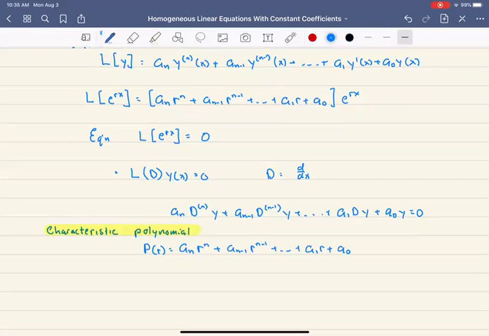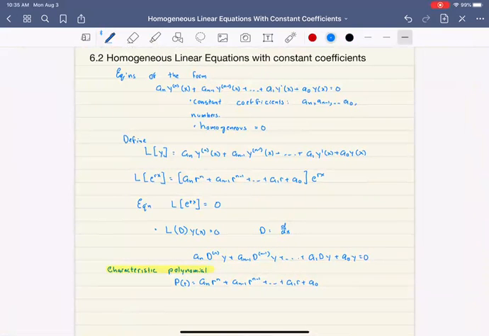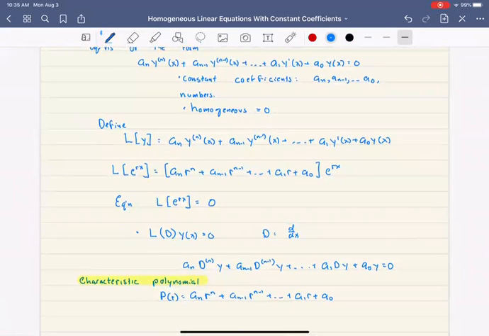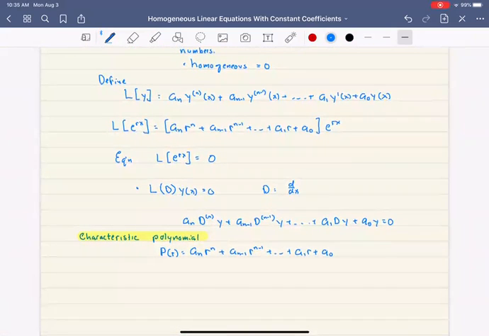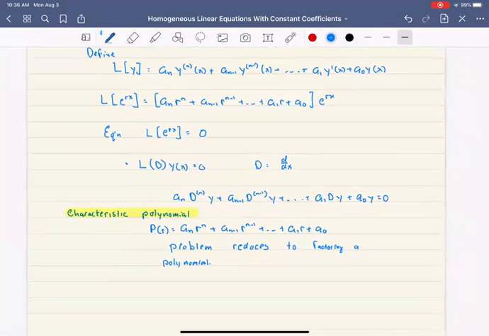So effectively, for these linear differential equations with constant coefficients, this problem comes down to a college algebra problem of factoring a polynomial, just like it did for the second order equations that we saw last week.